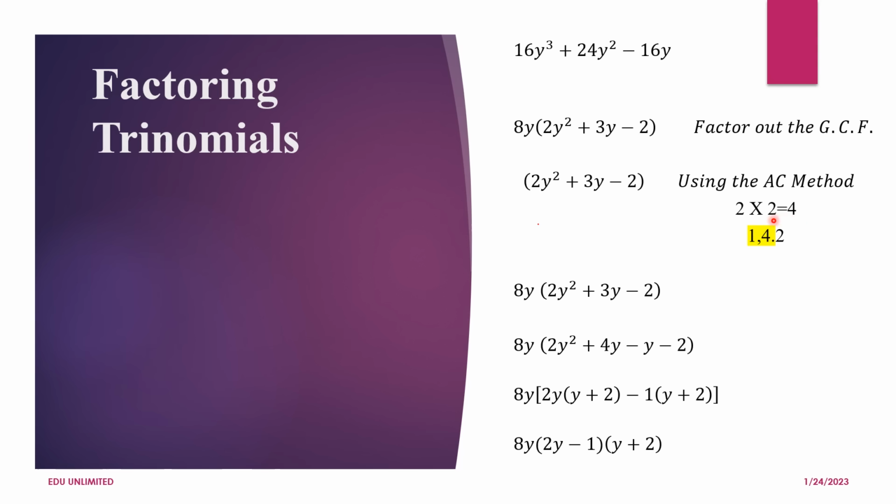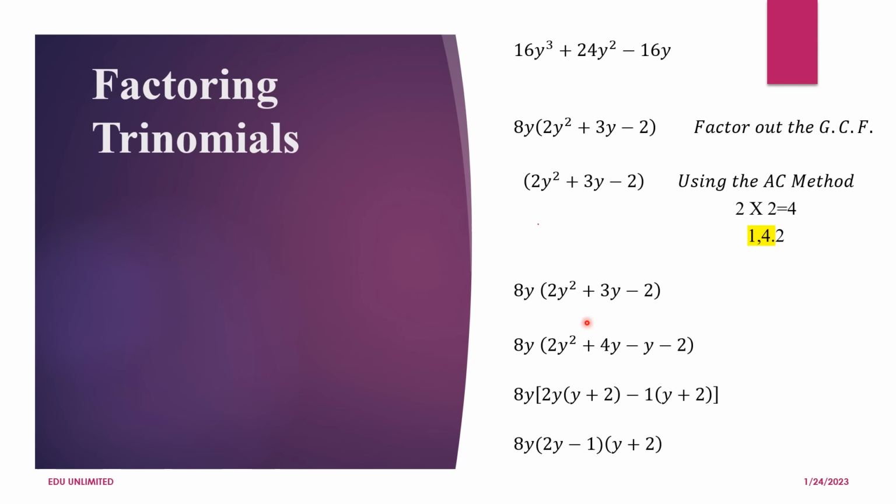Then we say, which two factors of 4, when we add them or subtract for that matter, would give us the middle term of 3. So it is 4 and 1. Also, we could have used 1 and 2, but 1 and 2 would not have factorized the expression. So we use 1 and 4. Why do we use 1 and 4? 4y minus 1y, or minus y, gives us 3.